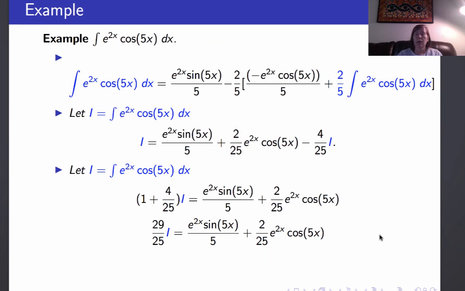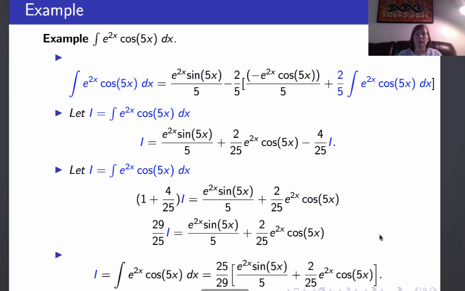And now multiplying across by 25 over 29, we get a value for I, which was our integral. It's equal to 25 over 29 times this function in brackets, which is e to the 2x times sine 5x over 5 plus 2 over 25 e to the 2x times cosine 5x.